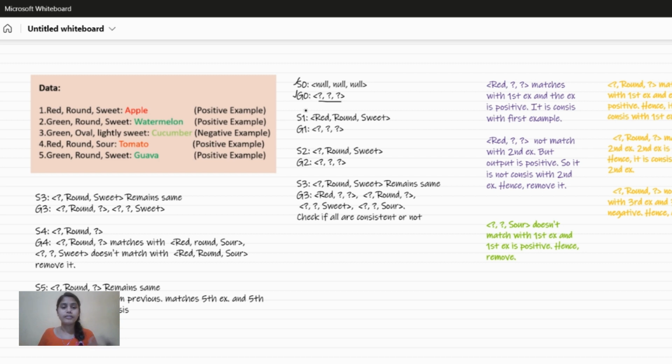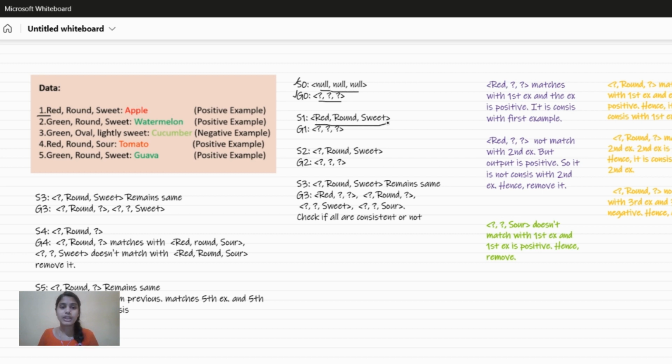Now we are covering the first example. The first example is of apple, and it is a positive example. As it is a positive example, we are going to work only with the specific hypothesis. We are not going to touch the general hypothesis. So we will change all the nulls to be specific.